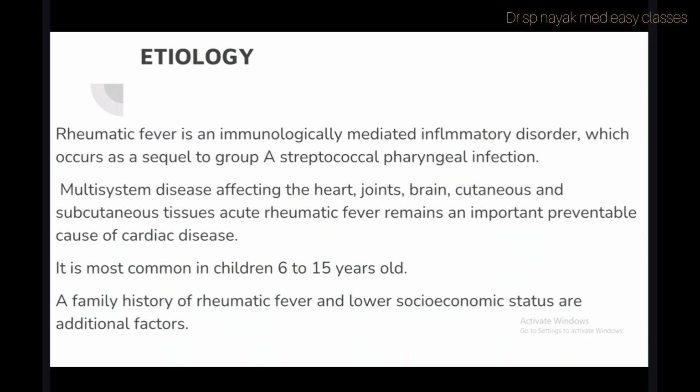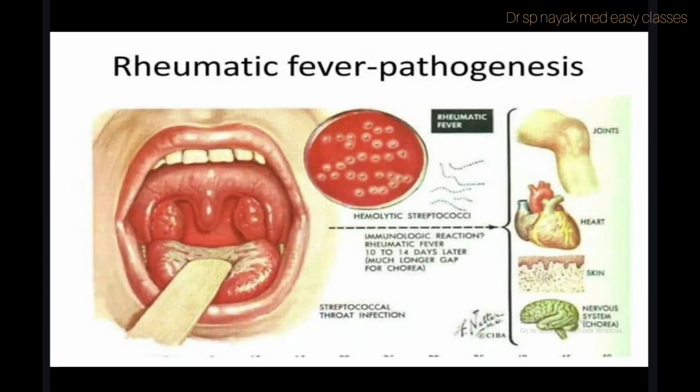Now we are going to focus on the pathogenesis of rheumatic fever. Rheumatic fever is caused by streptococcal infection, and streptococcal infection is just like strep throat. It affects your pharyngeal portion and tonsils. It is hemolytic streptococci.